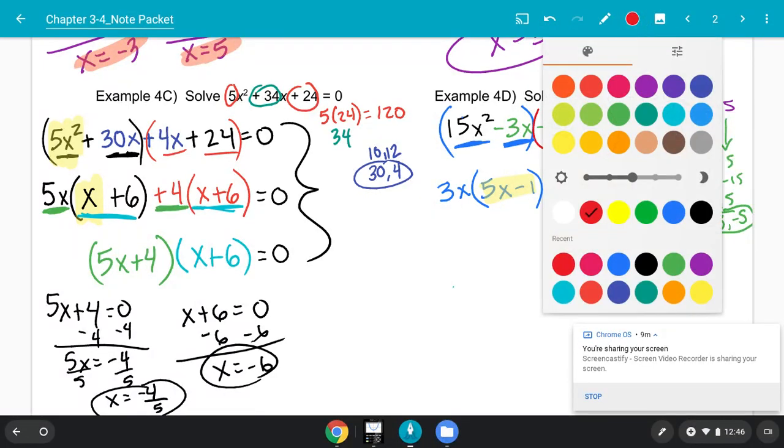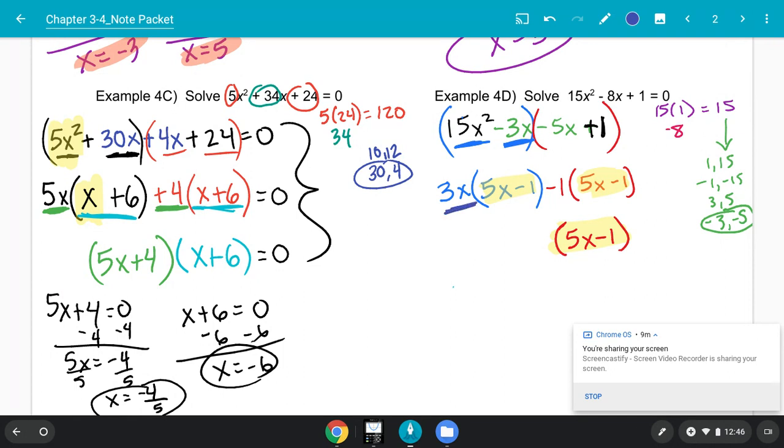And then we're going to write this other stuff from the outside in a separate parenthesis, 3x minus 1. Again, the whole way down, these equal 0, equals 0, equals 0. Set this first one equal to 0 and solve.